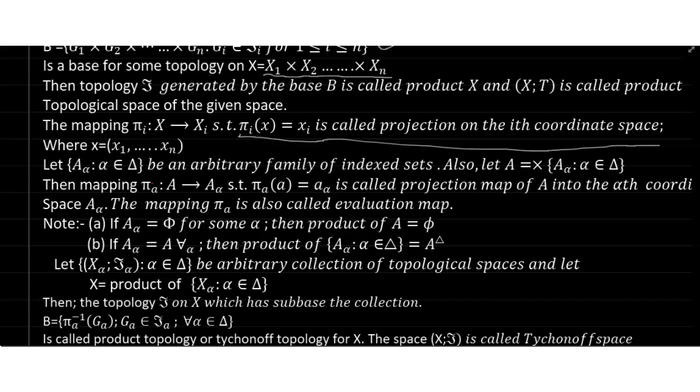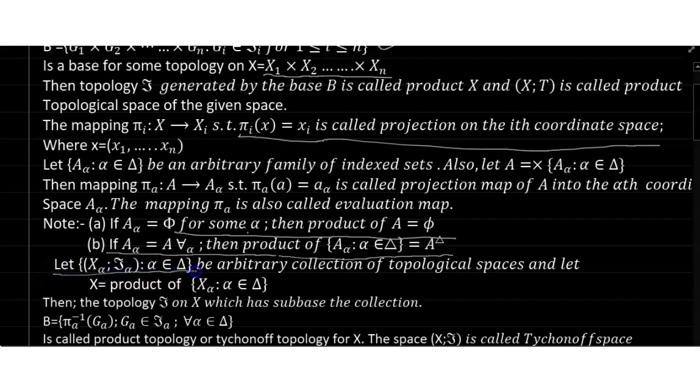Note that if A alpha is equal to the empty set for some alpha, then the product of A alpha is empty. If A alpha is equal to A for all alpha belonging to index set Delta, then the product is A to the power Delta.